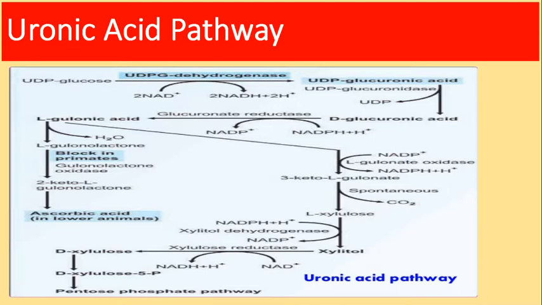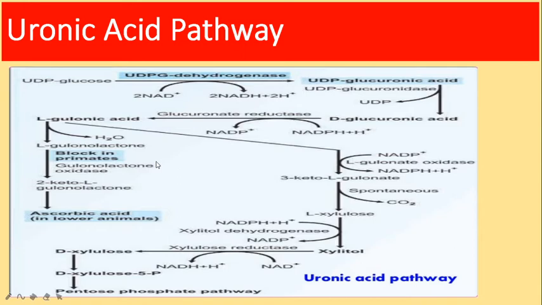UDP will be released and glucuronic acid is formed, and this glucuronic acid will act as a precursor for the formation of ascorbic acid, vitamin C, and xylulose.